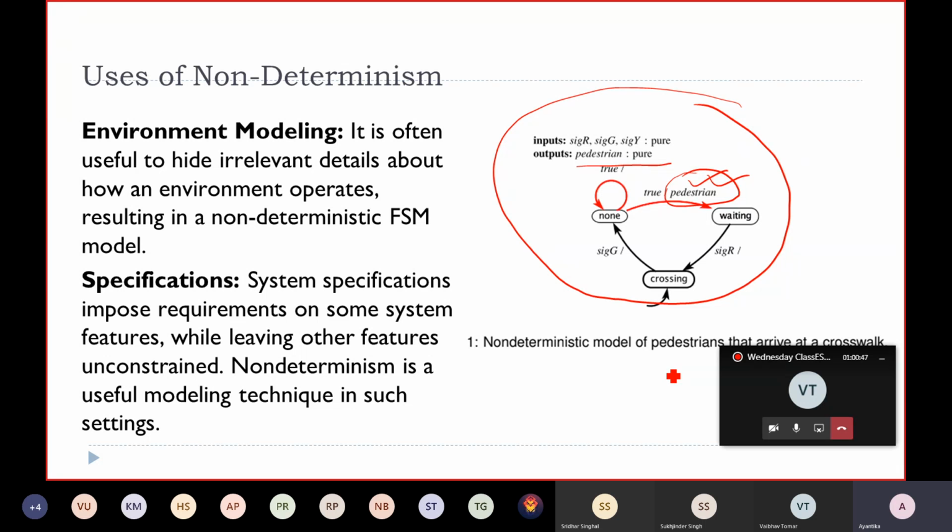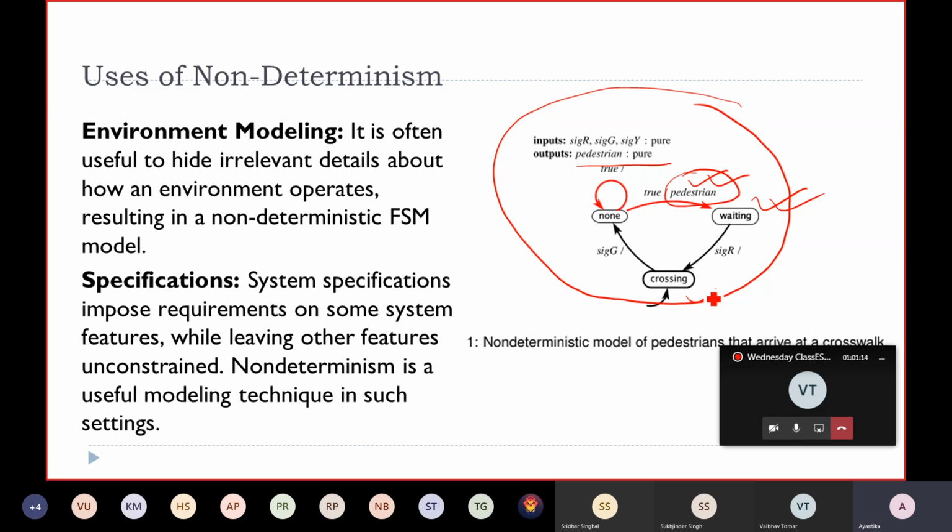You have to prepare one system specification for the characteristics of the pedestrian movement. Maybe the pedestrian is waiting. They have pushed the button, they have sent some signal, and they are waiting.